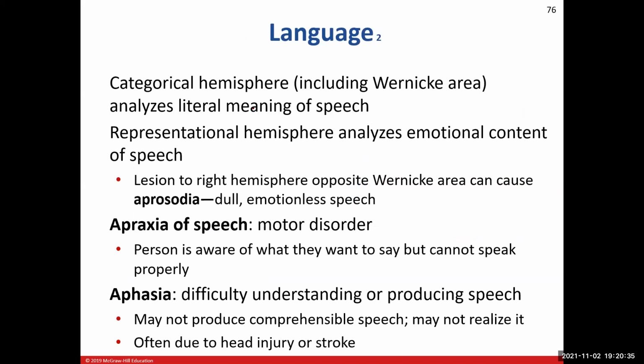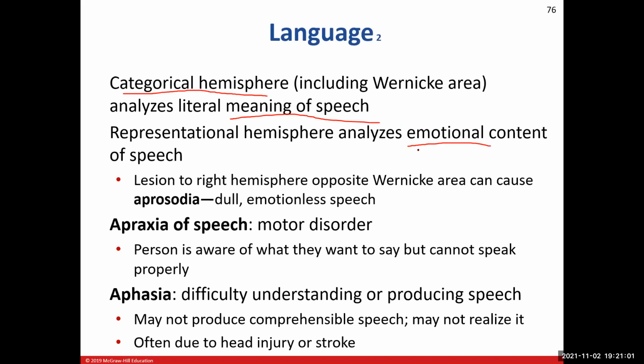So, of course, we talked about our categorical and our representational hemispheres here, right? Geez, I cannot talk tonight. The categorical hemisphere is going to be the hemisphere that is going to analyze the meaning of speech there. Whereas the representational one, that's when we start to get emotional.